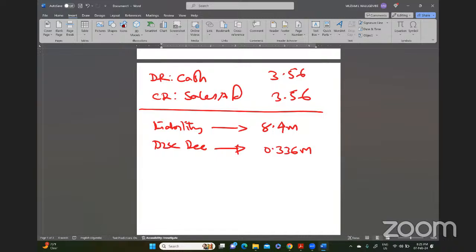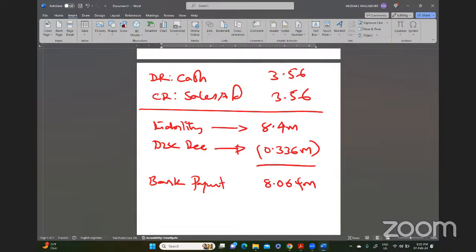If we are to less it from that, what exactly are we going to pay? 8.064. So 8.064 is what we are actually parting with in terms of cash, isn't it?